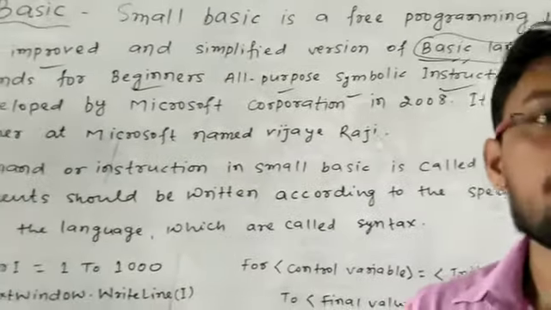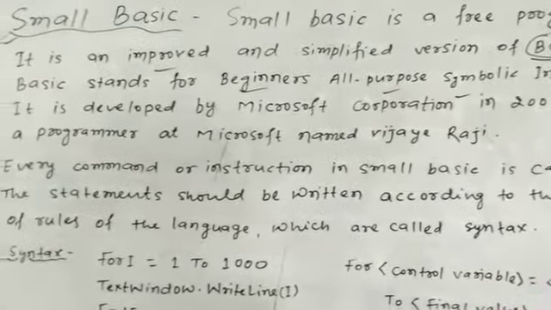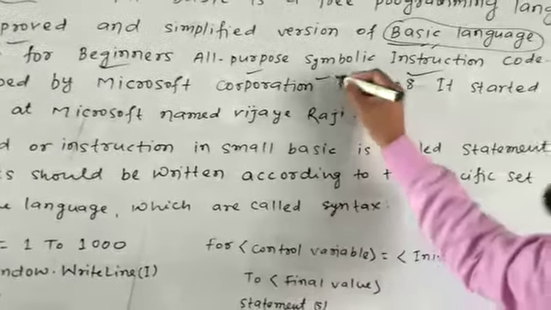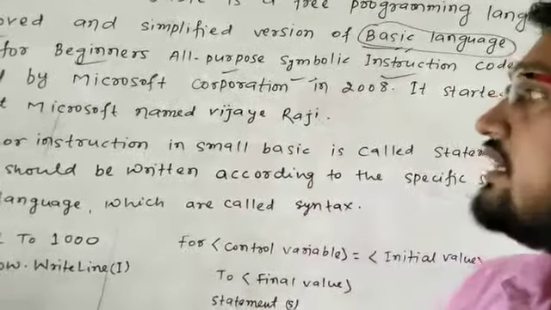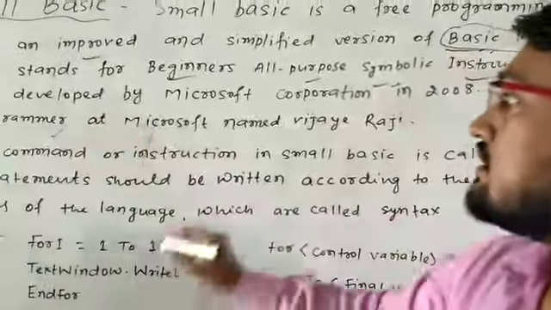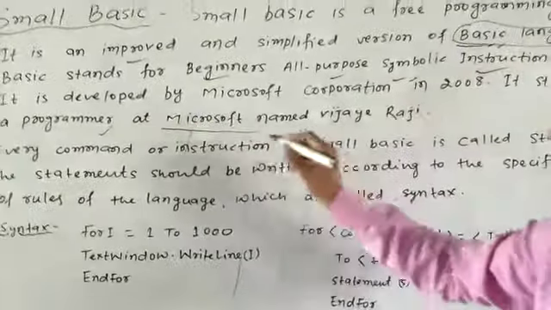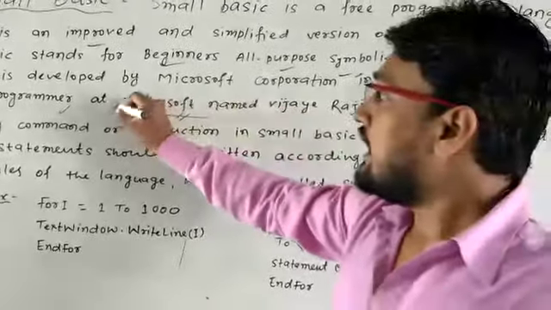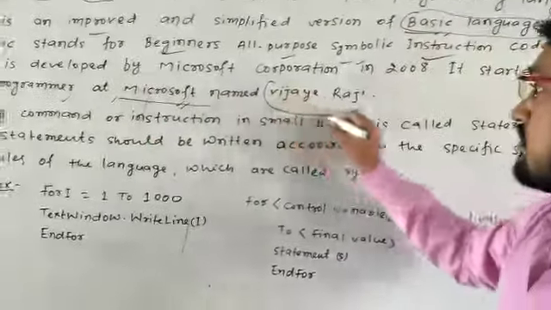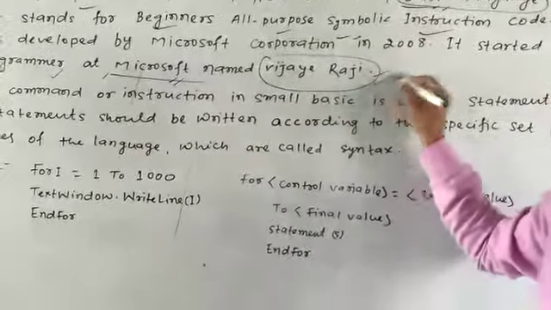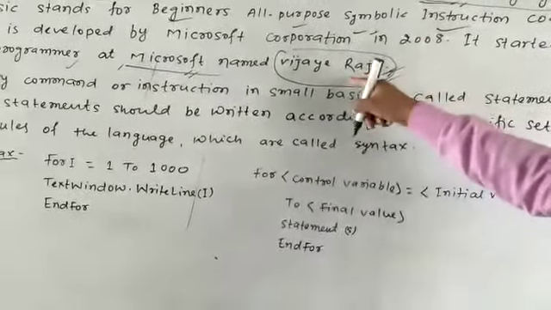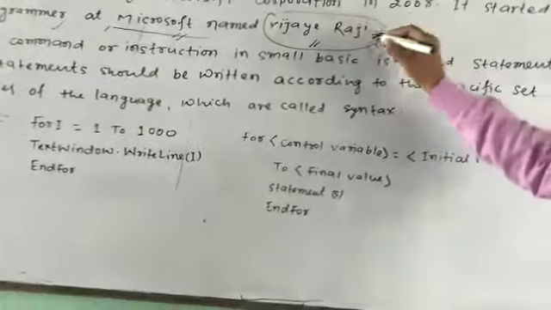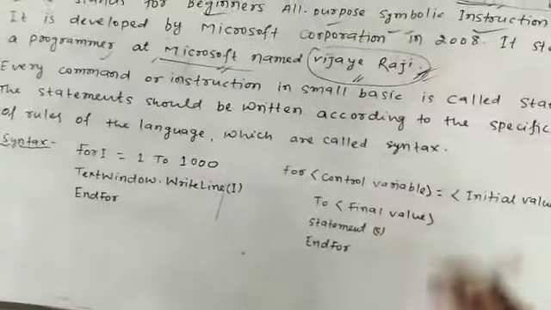It was developed by Microsoft in 2008, by a programmer who worked at Microsoft, and the programmer's name is Vijay Raji, who developed the Small Basic language.